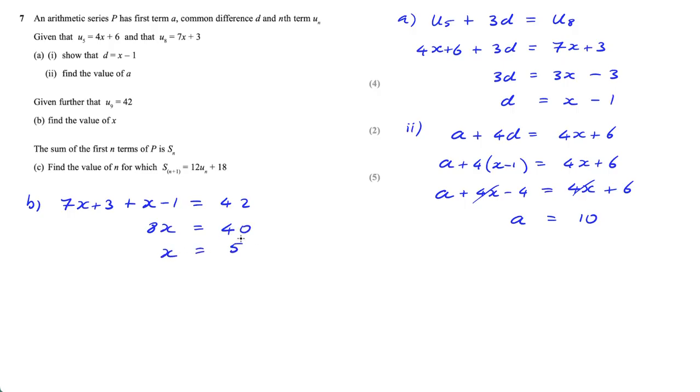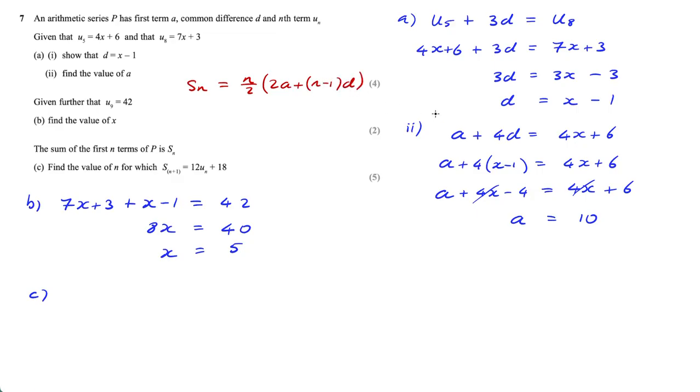Okay, finally, part C. The sum of the first n terms of P is S of n. Find the value of n for which S of n plus 1 is equal to 12 un plus 18. Okay, fine. So our S of n formula for arithmetic is n over 2 times 2a plus n minus 1 d.